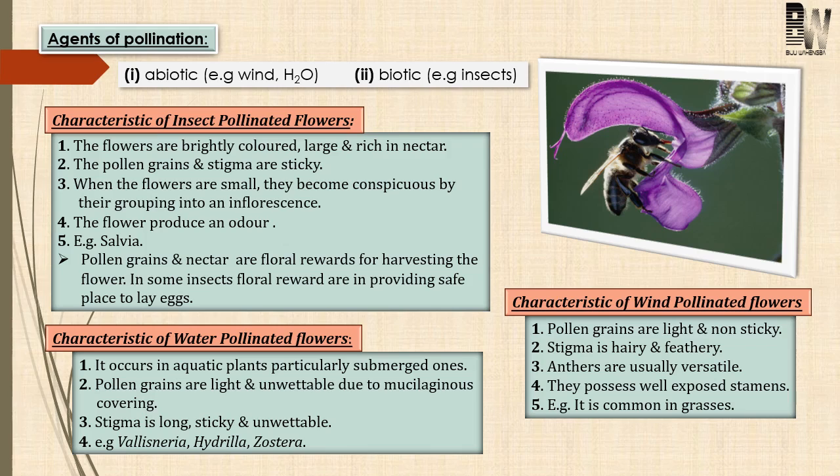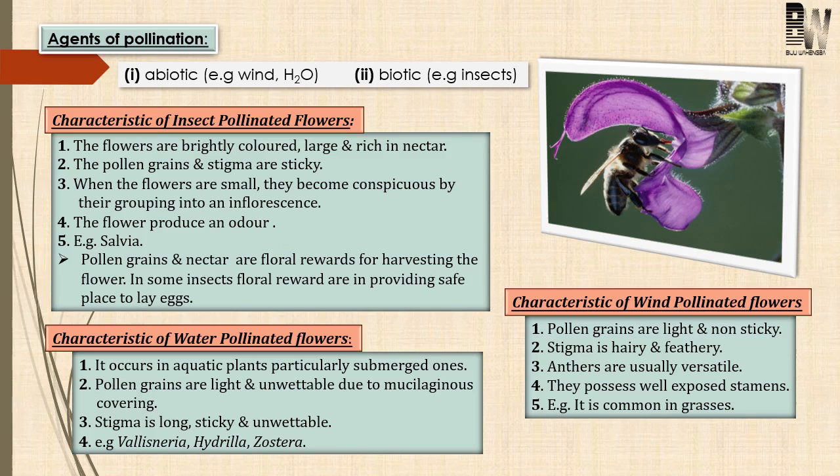Not only that, in some species also, what happens? The flower will provide a safe place to lay their eggs. So this can also be considered as a kind of floral reward provided by the flowering plant to the pollinating agent. So this is something about insect pollinated flowers.